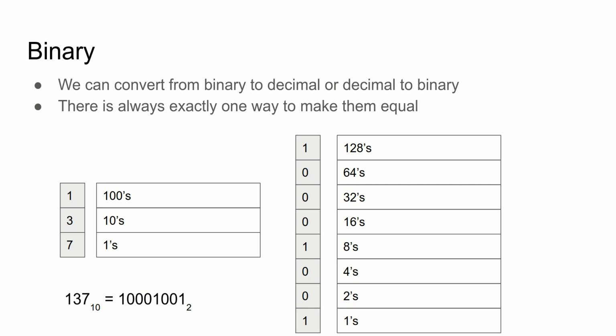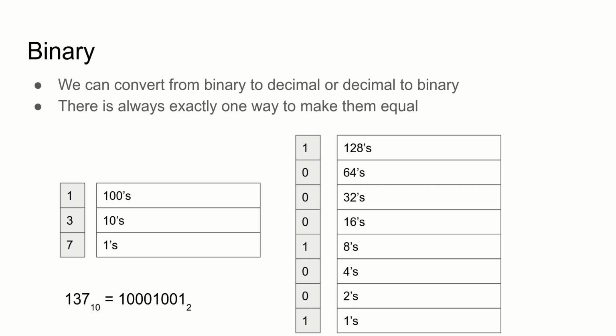Sometimes when we're representing numbers in different number systems, we will use a subscript to indicate the base system being used for that number. So we have here 137 in base 10, and then 10001001 in base 2. And this is especially important with the binary numbers because if you think about it, that number there could be a valid number in base 10.